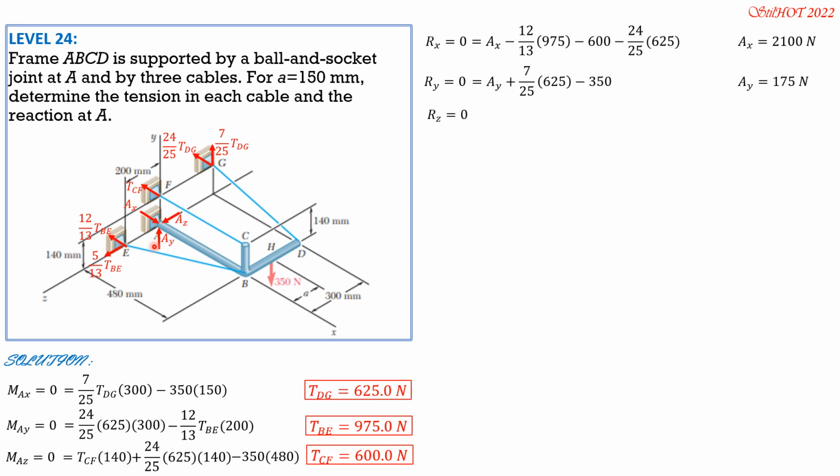So we have AZ plus 5 over 13 of tension BE, which is 975. So AZ is equal to negative 375 newtons. So in vector form, the reaction at A is quantity 2100 i plus 175 j minus 375 k newtons.